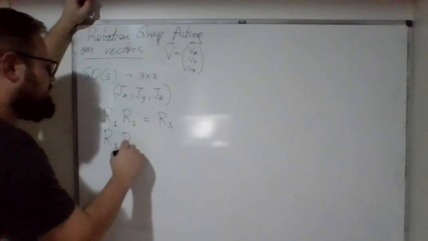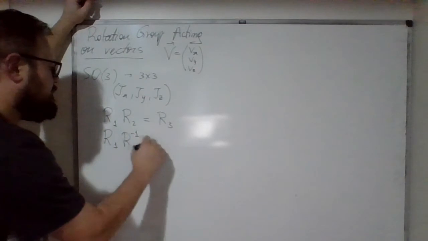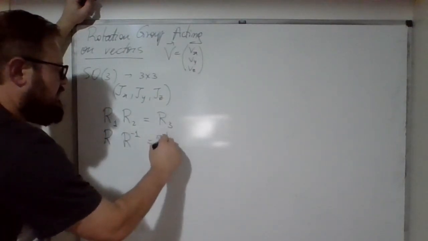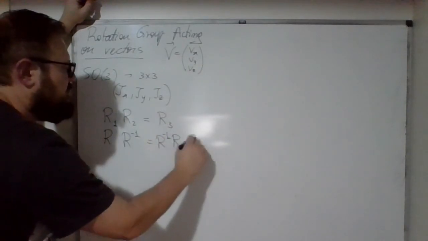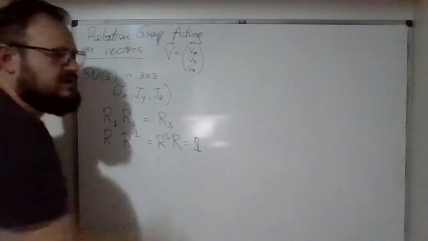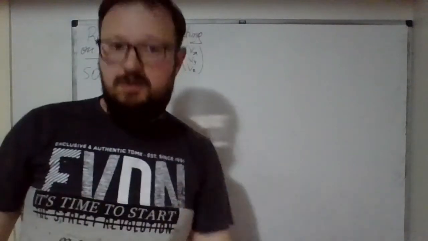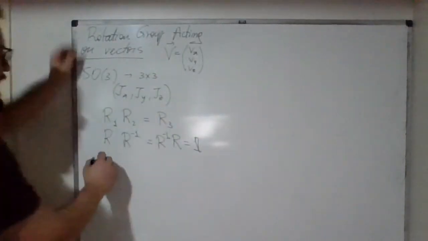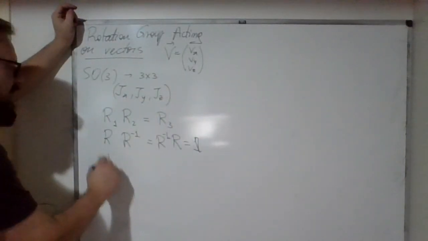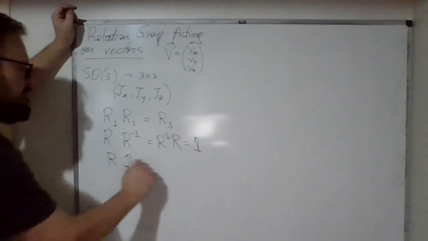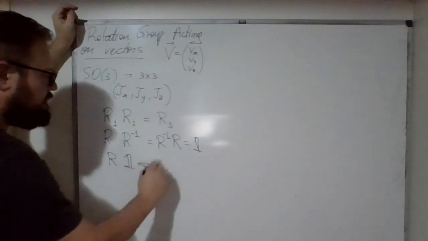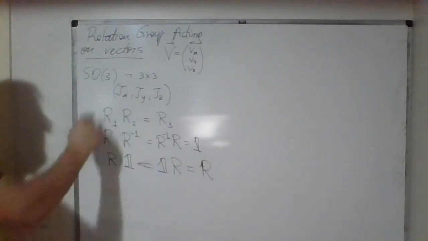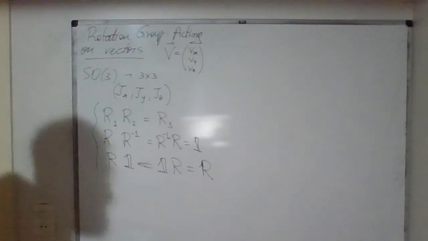Any rotation has an inverse, which gives you the identity, which corresponds to no rotation. And of course, you have the identity. Okay, these are the most fundamental properties.